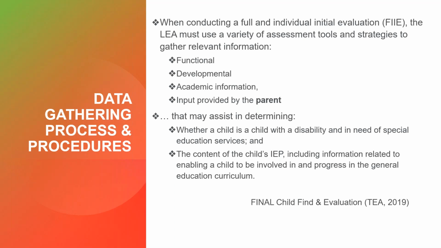That relevant information not only includes developmental information about the student, their developmental history, but also their academic information. What has their academic history looked like? Have they struggled for a while in a particular area?